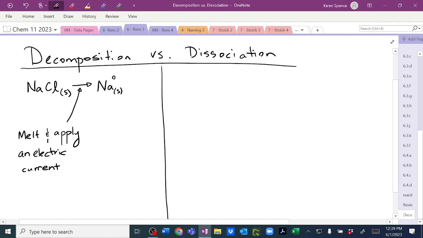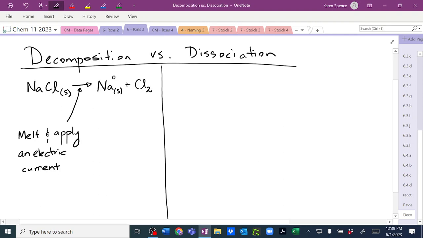So that is elemental sodium, not part of a compound, plus, if I have elemental chlorine, excuse me, what should I write after the Cl if it's elemental chlorine? I should write a 2.